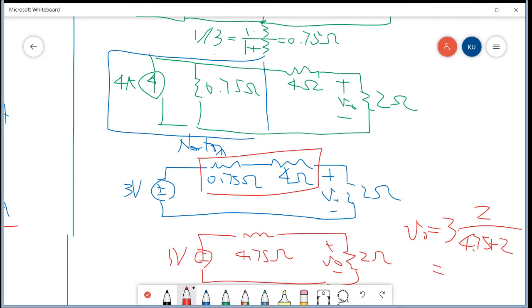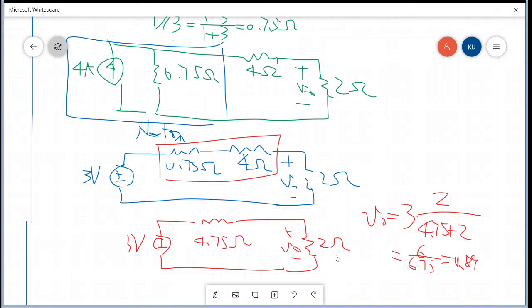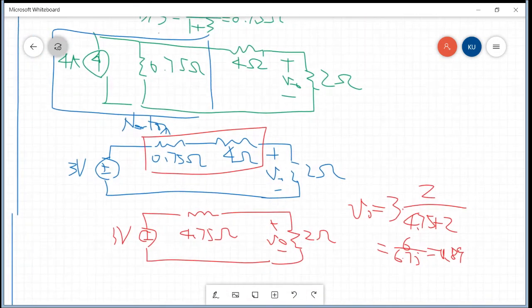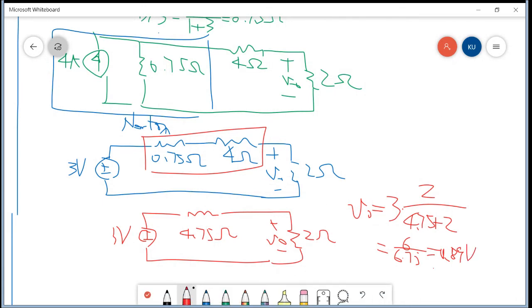So which is 6 over 6.75, which is 0.89 volts.